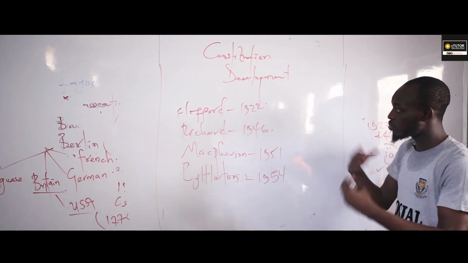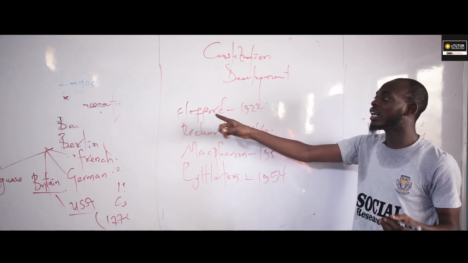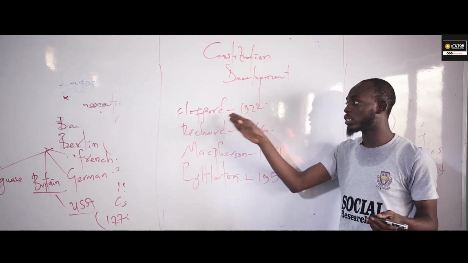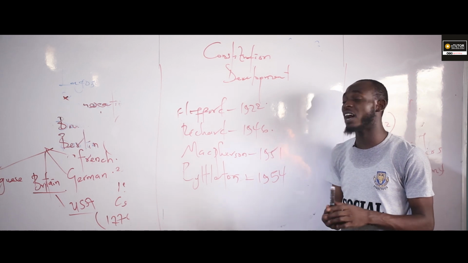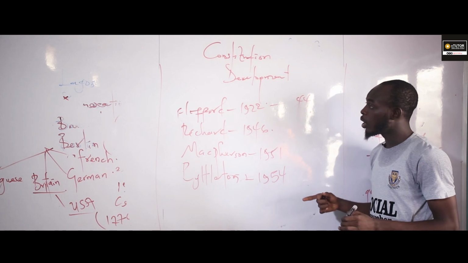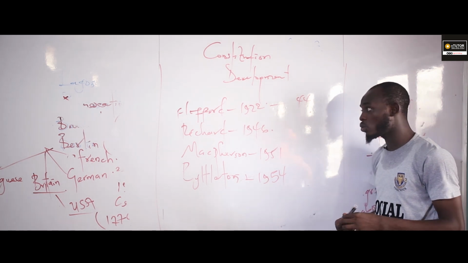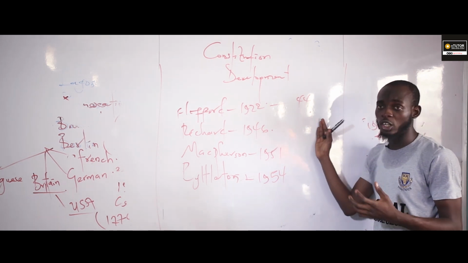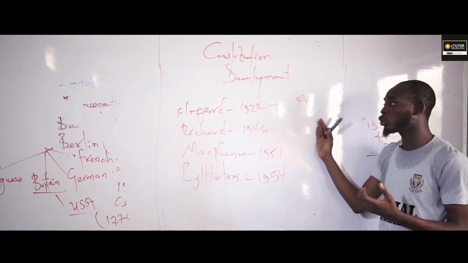Let me summarize what I've said so far. Under the Clifford Constitution, the total number in the Legislative Council was 44, while the Executive Council had 10 members. We call them official members.